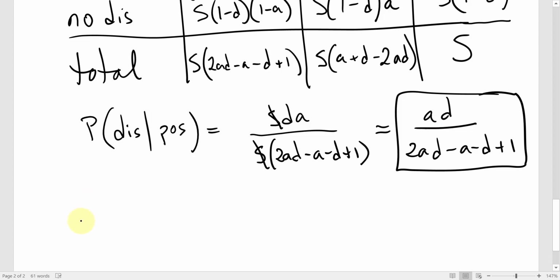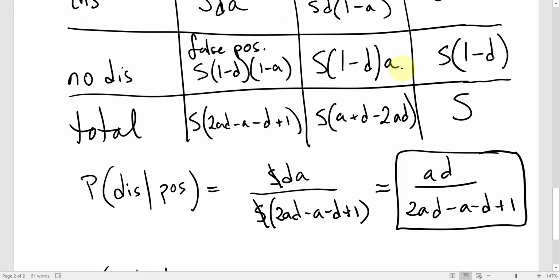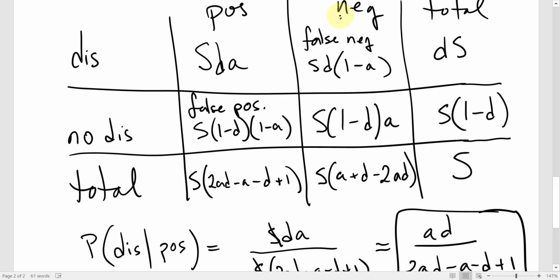Just like I did in the previous example, where you say if you tested negative, what's the chance you don't have the disease? So no disease given negative. How many people test negative? It's this box here. Total number that test negative, right there.